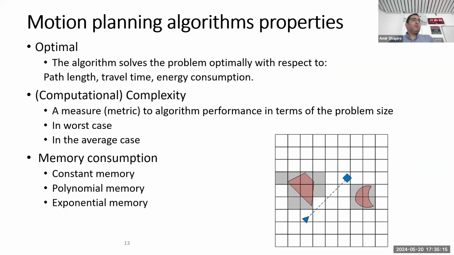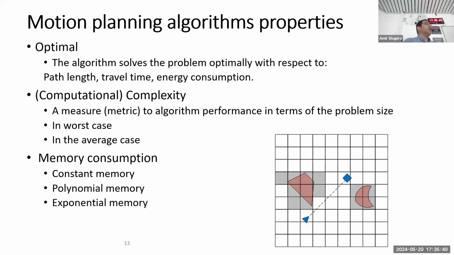Now, when we want to plan the motion, we will have some algorithm, which is a set of commands to the robot, what to do in which case. And this algorithm may have some properties.